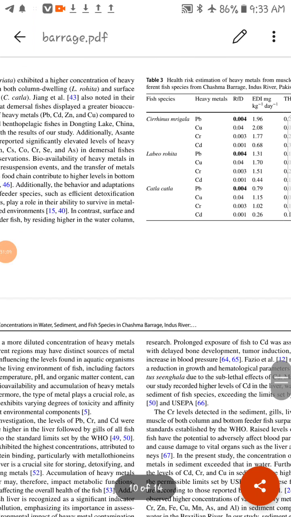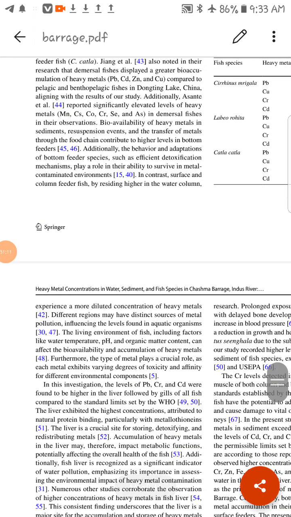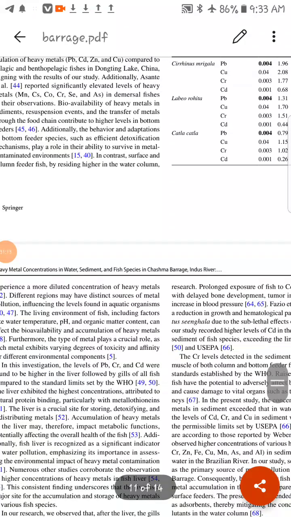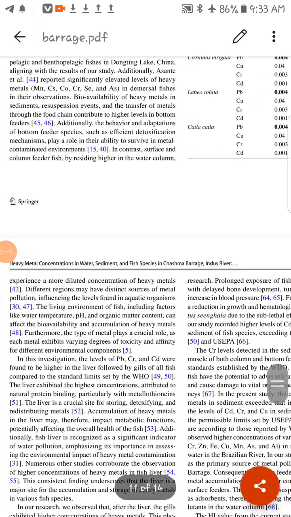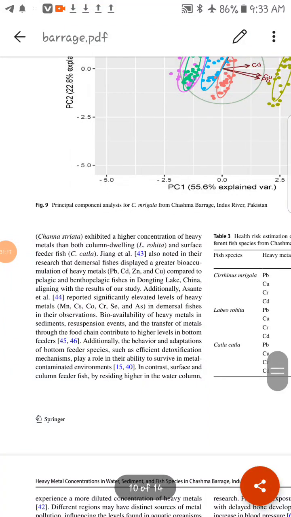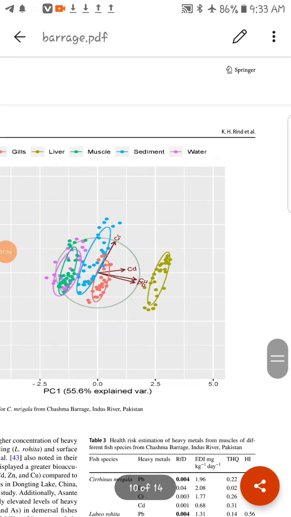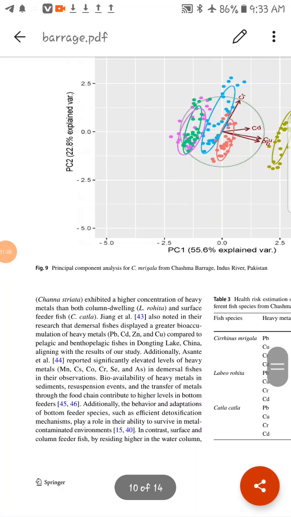None of them is up to 1. So the result was also discussed as not being a hazard. Look at the way they discussed the result here.